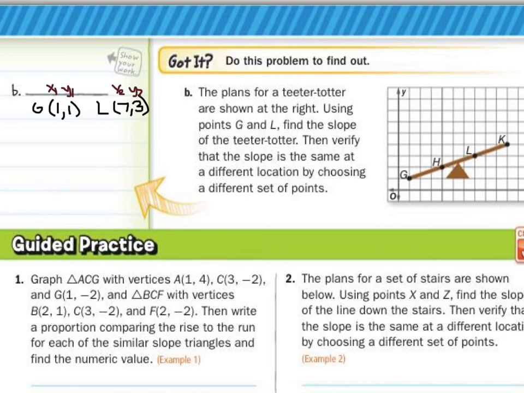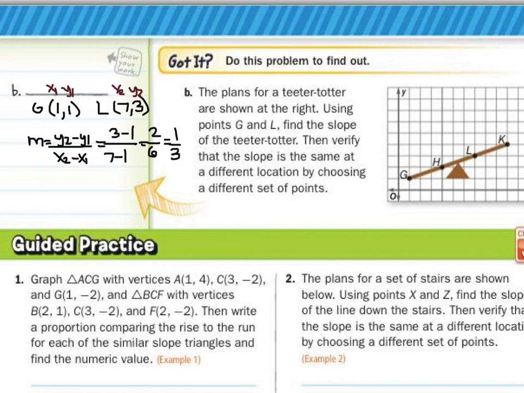And now remembering our formula for slope is y2 minus y1 divided by x2 minus x1. And in this question we would have 3 minus 1 over 7 minus 1, which simplifies into 2 over 6, which is 1/3.